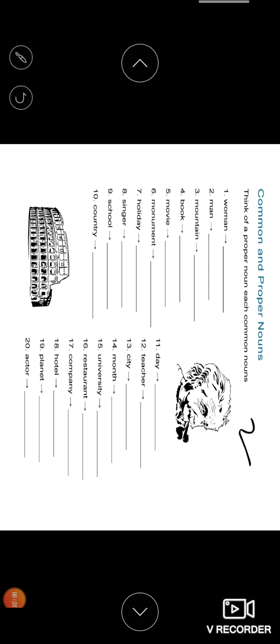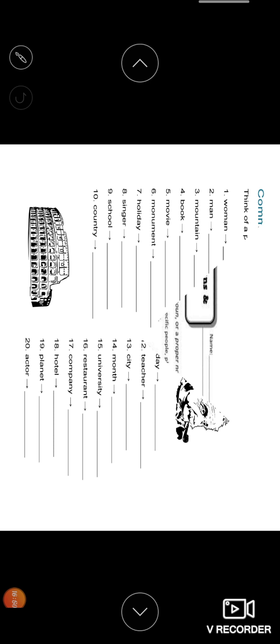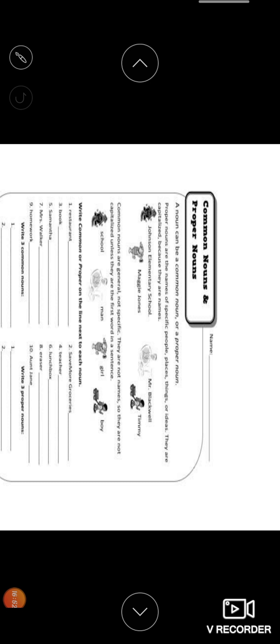Then mountain: any mountain, such as Kilimanjaro, K2, Mount Everest. Then book: any book's name, it can be Panchatantra, or whatever book's name you can write. Movie, monuments, holiday, singer, school, country, day: just have a look, children, and try to complete this. I want you to write 2 examples for each common noun.